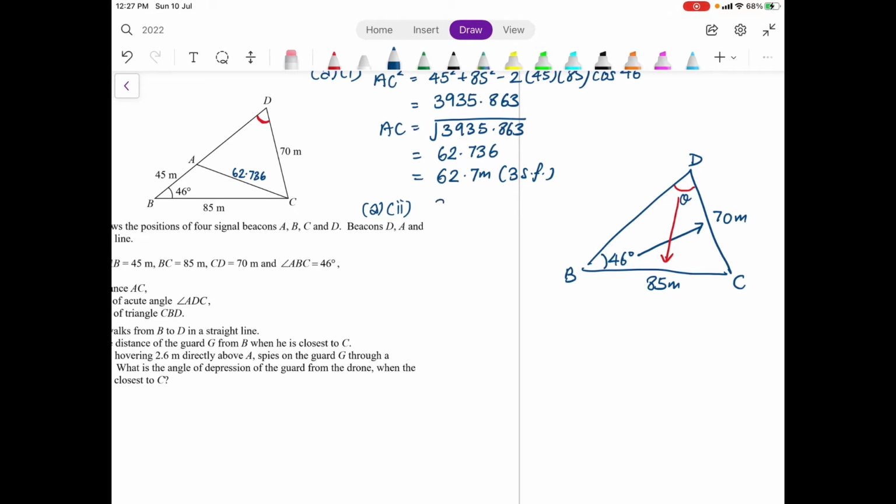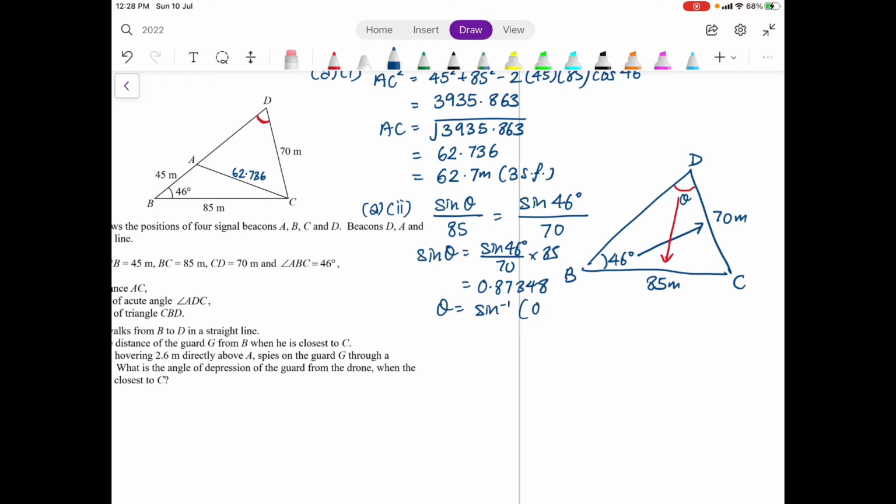Let's call this theta. Sine theta over 85 meters equals sine 46 degree over 70 meters. Sine theta equals sine 46 over 70 times 85. Press our calculator for the value. 0.87348.